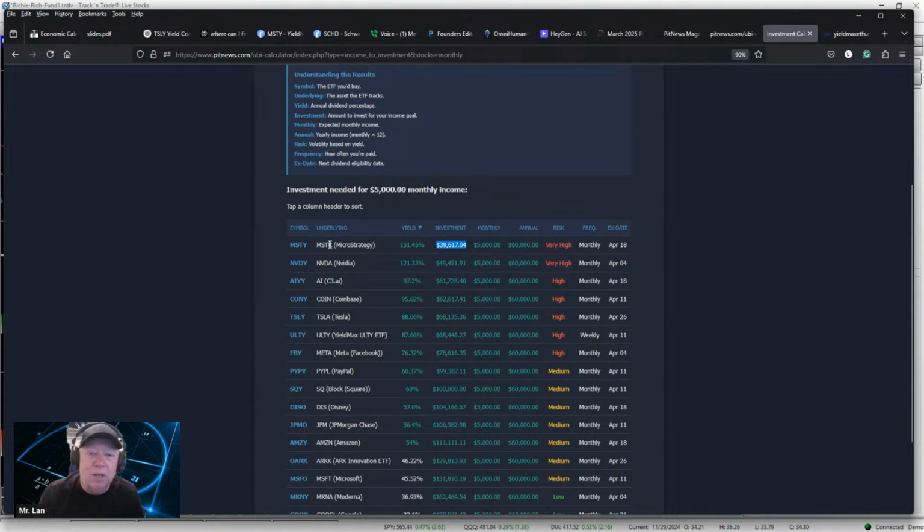Now, MSTR is not Bitcoin; they're a software company but their balance sheet is nothing but Bitcoin, right? So that's going to give you $5,000 a month if you put $40,000 into MSTY. Same thing here. If you put $50,000 into NVDY, which is NVIDIA, you're going to get roughly $5,000 a month in dividends. Very high risk because the market's going to move a lot.